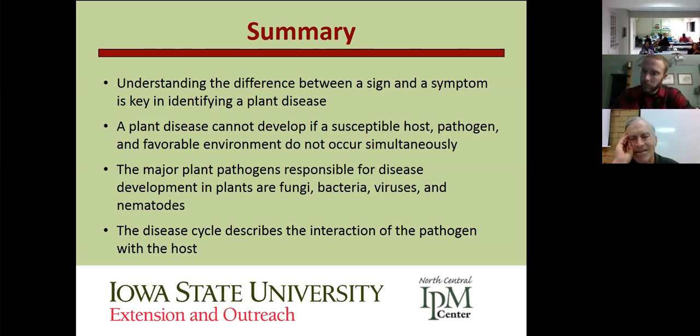But then a question: if you have a strong, healthy plant, would it still get a disease? It depends. A strong, healthy plant is going to be more resistant to disease than a weak plant, and in some cases that will be enough to prevent the disease.